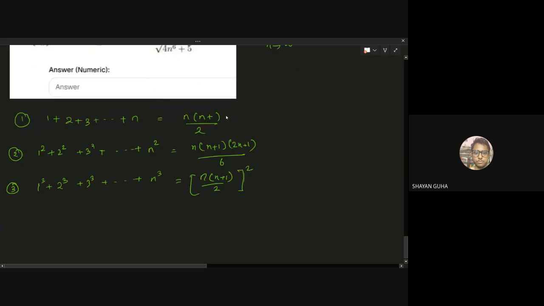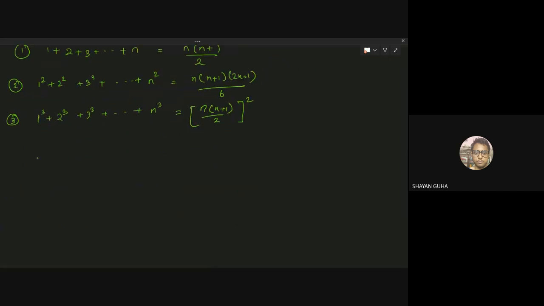So I have been given here a_n as 6 plus 6 into 2 square plus 6 into 3 square plus up to 6 into n square, divided by root over of n to the power 6 plus 5.